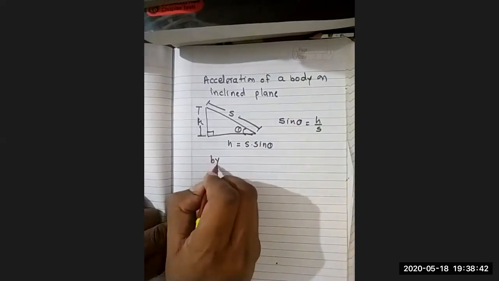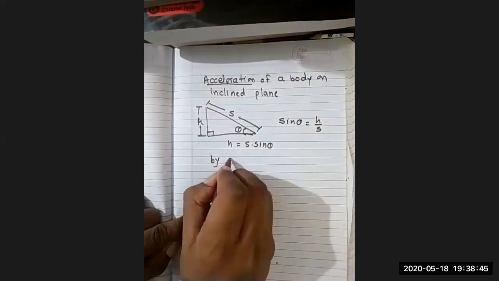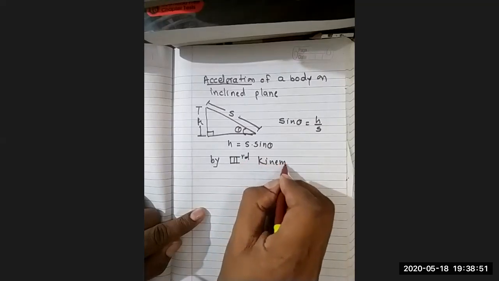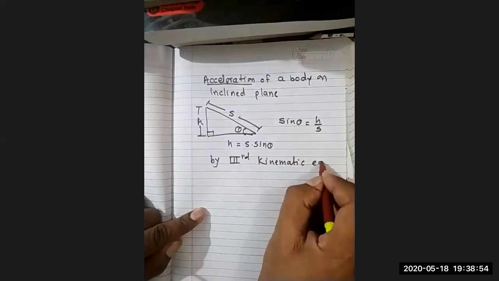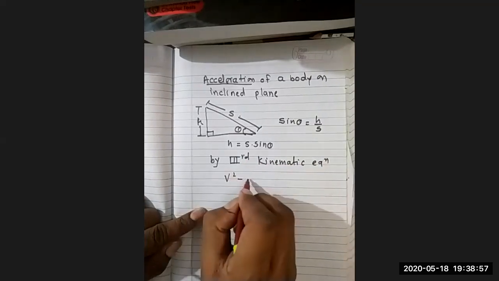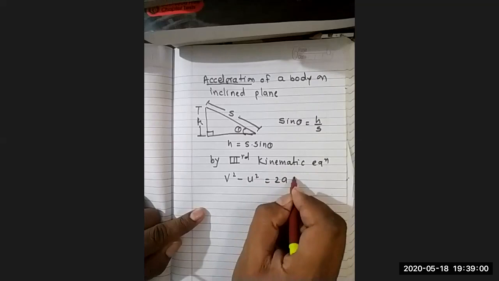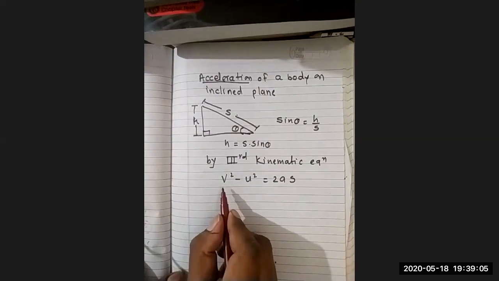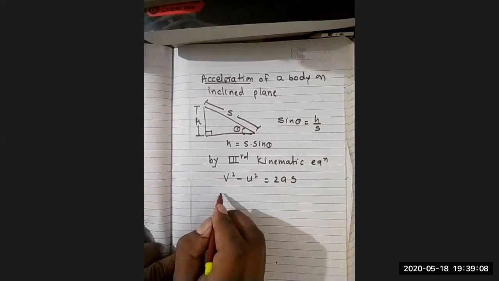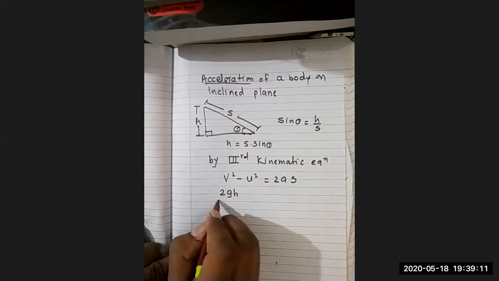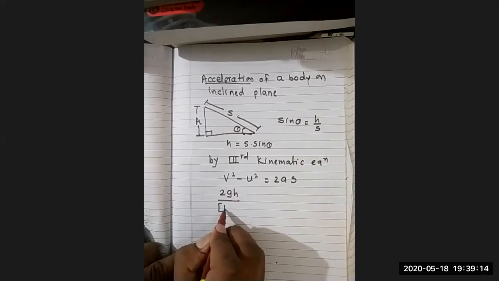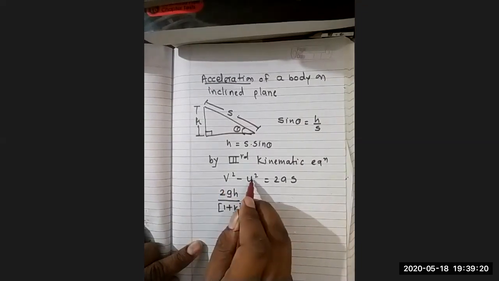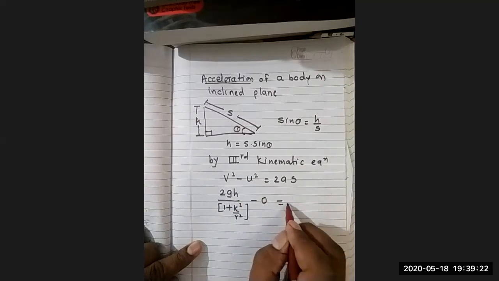Now we want to calculate acceleration, so by the third kinematic equation, we can say that v square minus u square equals twice as. V is the final velocity, which we already calculated. What was the velocity? That is equal to twice gh upon 1 plus k square upon r square. This velocity we already discovered, minus the initial velocity at the top, which is equal to 0, will be equal to twice a into s.